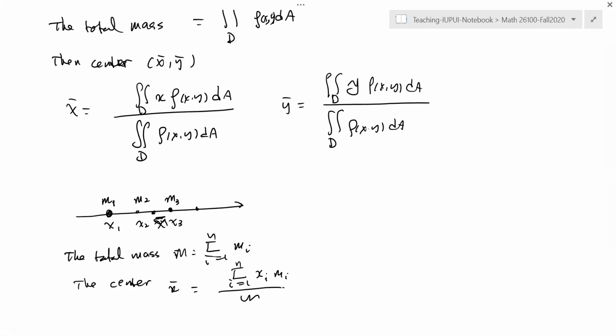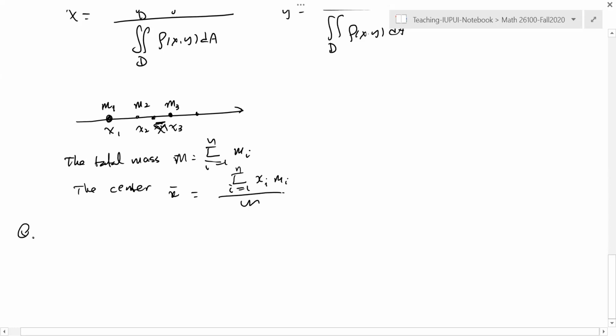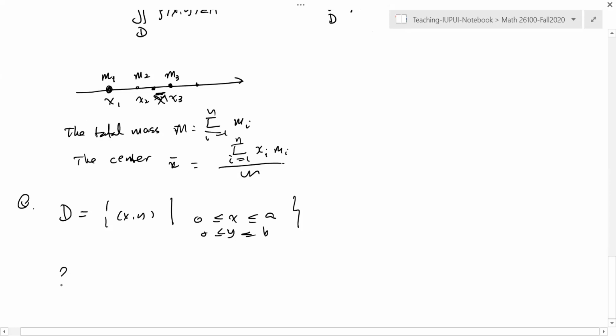All right, let's take a look at the following problem. So the region is simple. It's just the square, x between 0 and a, and y between 0 and b. But the density function is going to be x.